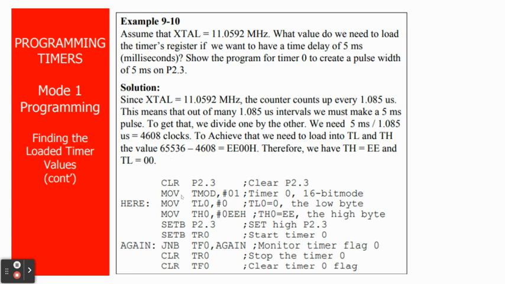So in the assembly program here, the first part will make P2.3 equal to 0. The second part will move 00000001 to TMOD in binary, and in hexa it's 01 hexa that will go to TMOD. In C language we can simply write TMOD equals 0x01 semicolon.